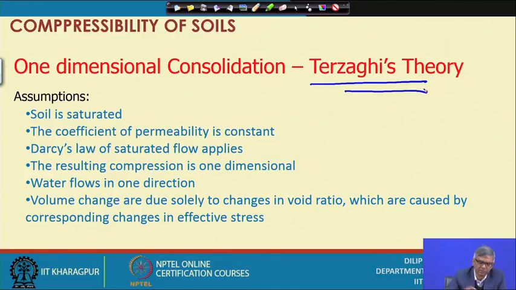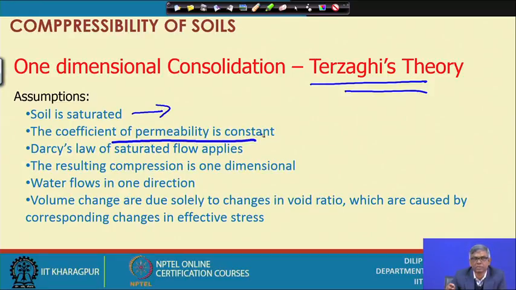The assumptions as given by Terzaghi: the soil is saturated. We know that is very important, because consolidation is a phenomenon for saturated fine grained soil. So saturation is a must. If it is not saturated, then consolidation will not be there. The coefficient of permeability is constant.